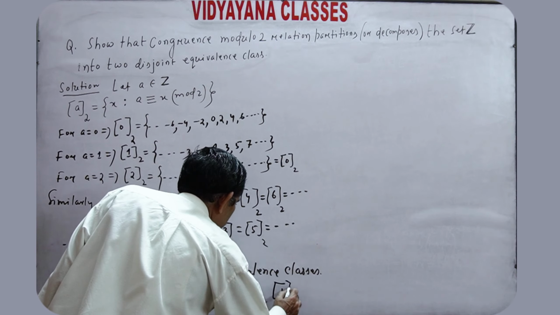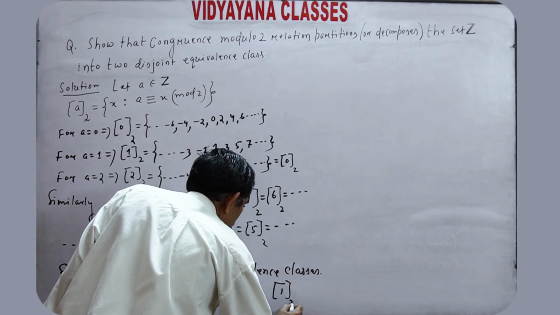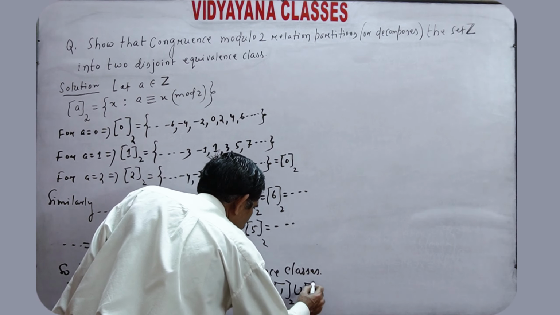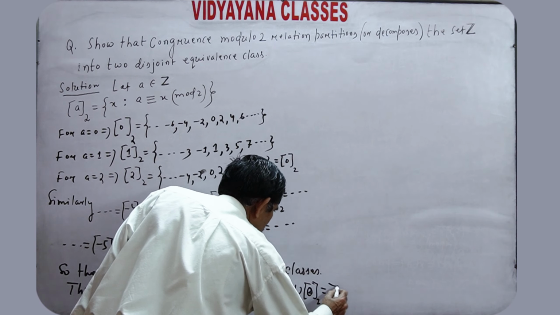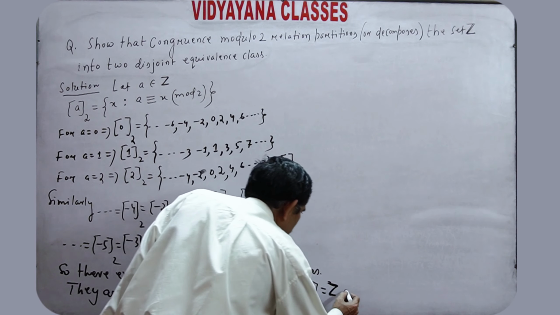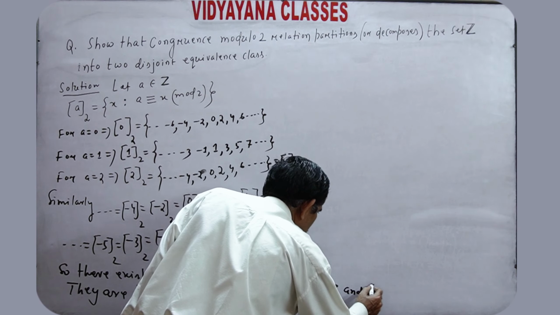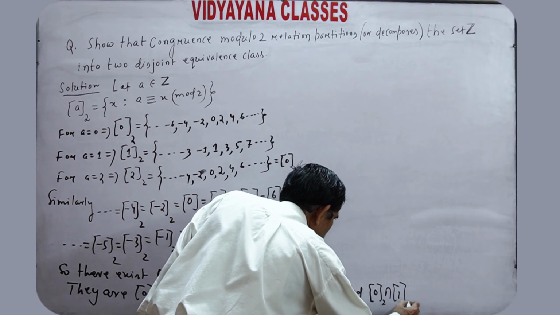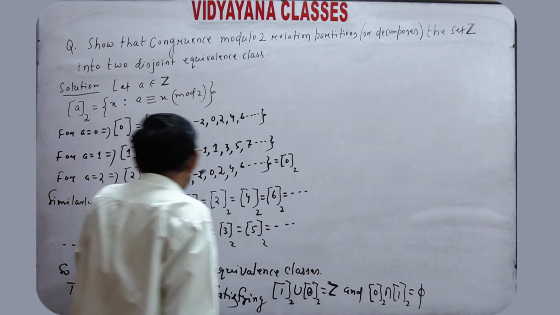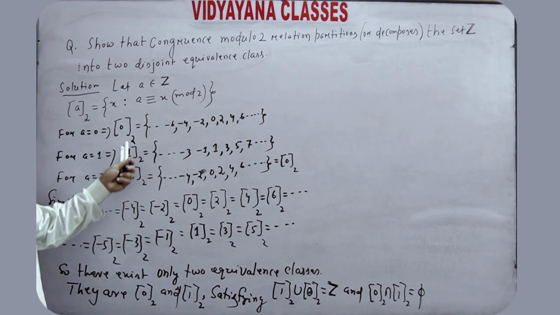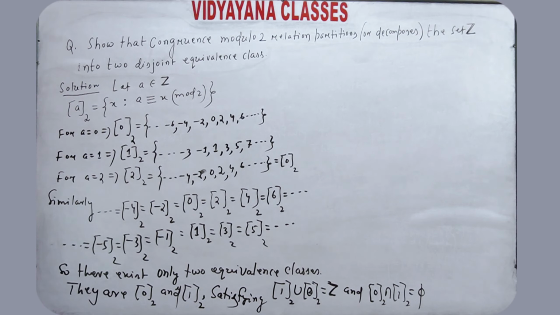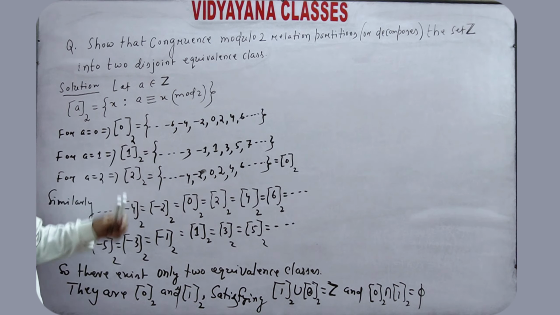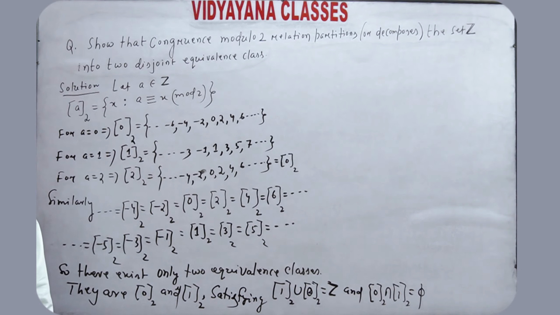the union of the equivalence class of 0 modulo 2 and the equivalence class of 1 modulo 2 is equal to the set Z, and the intersection of the equivalence class of 0 modulo 2 and the equivalence class of 1 modulo 2 is equal to the empty set. Any other equivalence class is the same as the equivalence class of 0 or the equivalence class of 1.